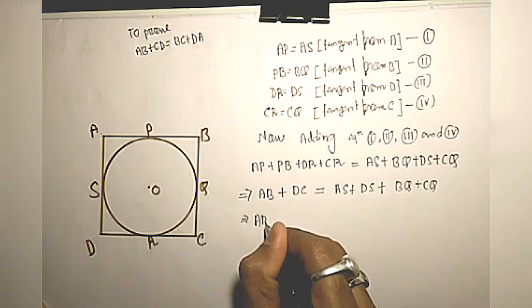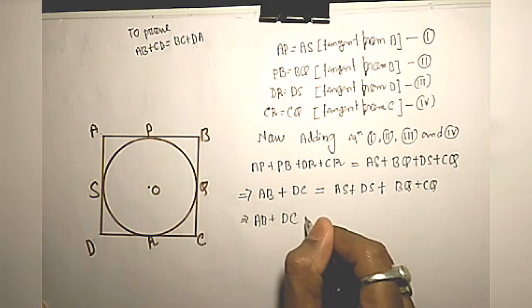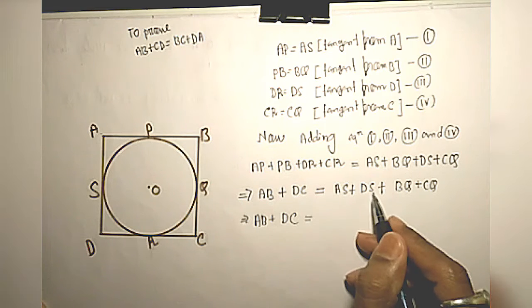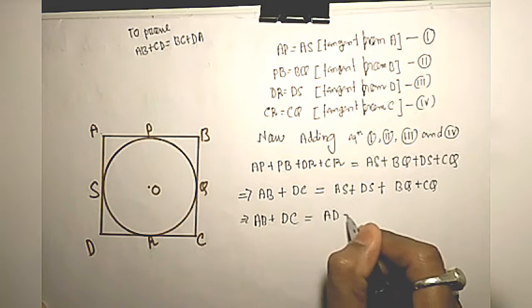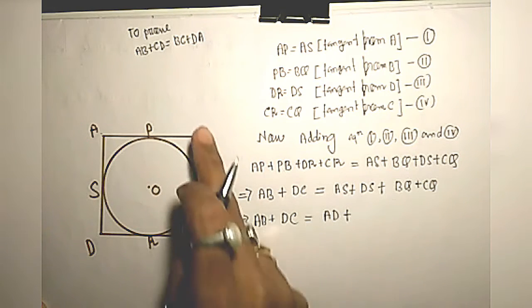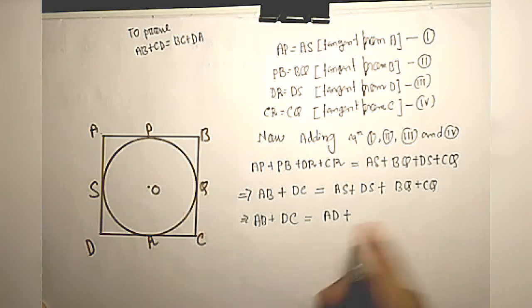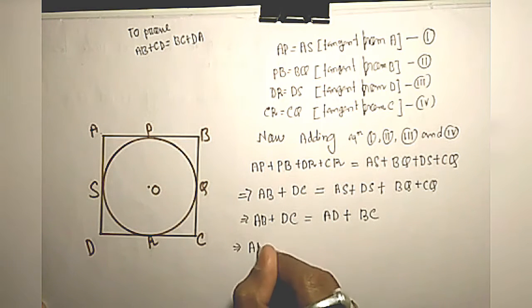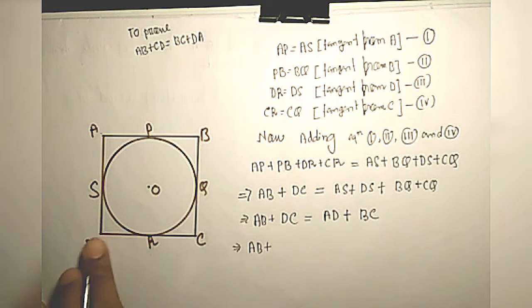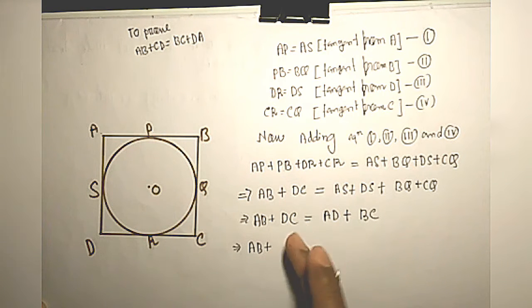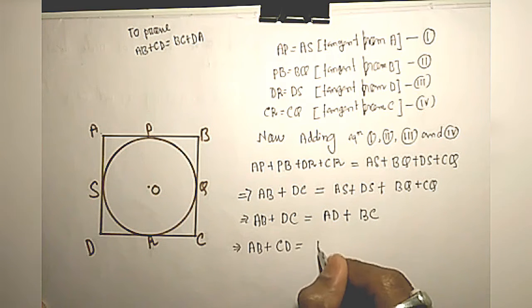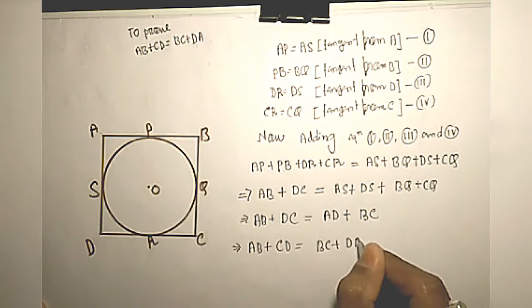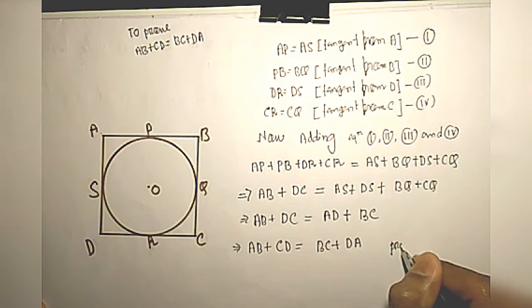This implies AB plus DC equals AD plus BQ plus CQ, and BQ plus QC is equal to BC. So AB plus DC, you can write CD, as DC and CD are the same. So AB plus CD is equal to BC plus DA. Hence proved.